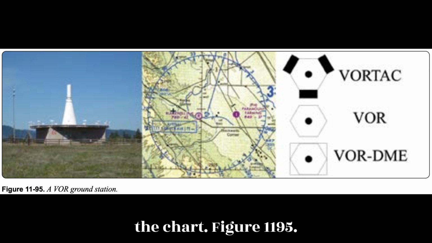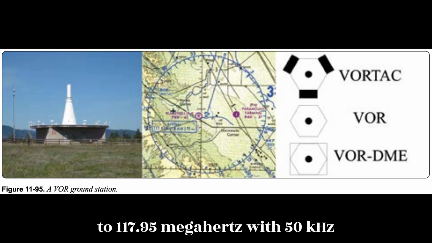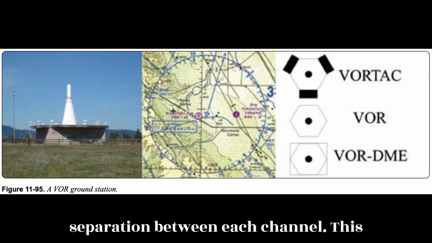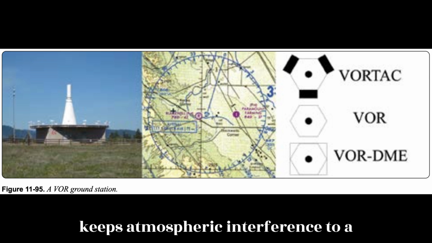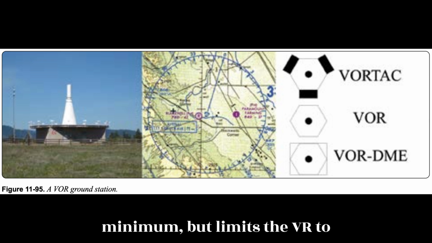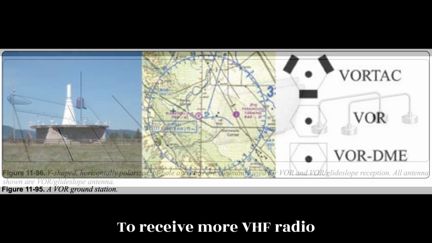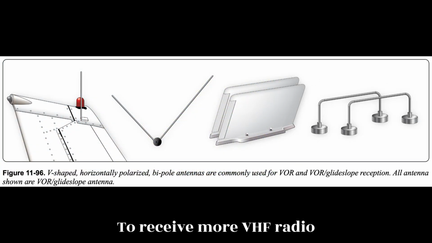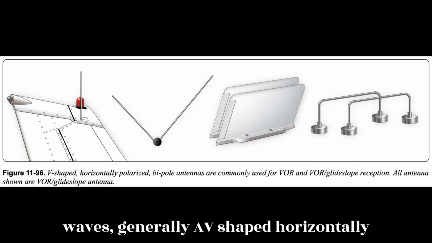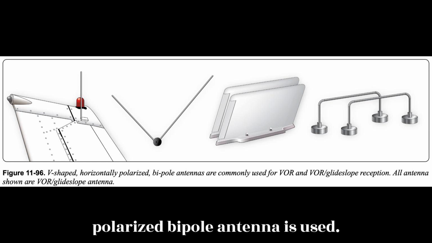Figure 11.95. VOR uses VHF radio waves, 108 to 117.95 MHz, with 50 kHz separation between each channel. This keeps atmospheric interference to a minimum but limits the VOR to line-of-sight usage. To receive VOR VHF radio waves, generally a V-shaped, horizontally polarized, bipole antenna is used.